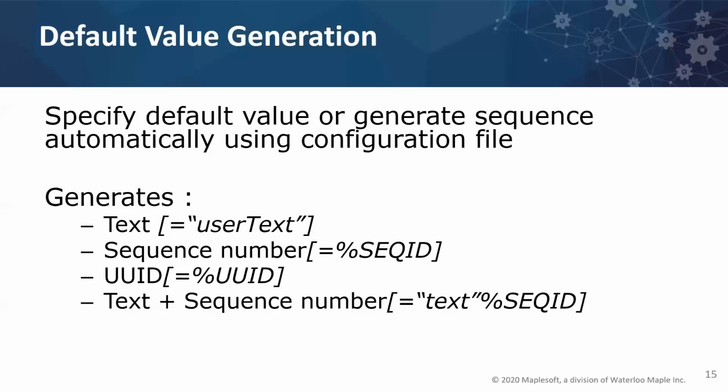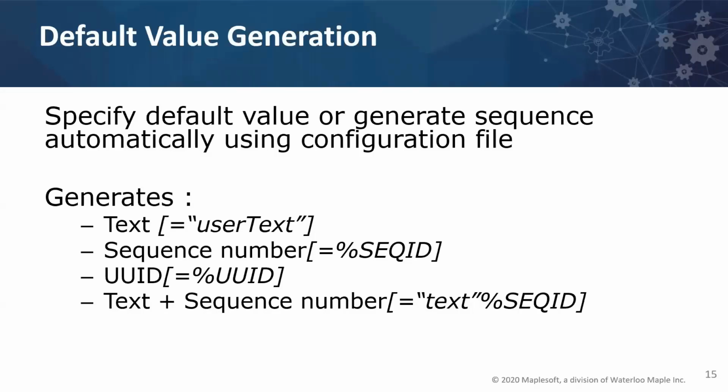So once they create something in MapleMBSE, this name will automatically be created. You can use this to generate a specific text, like you see in the first option within double quotes in the configuration file next to where you define the column. If you use this option, the user text will always appear every time they create something.